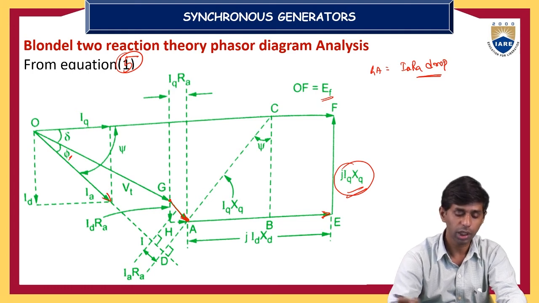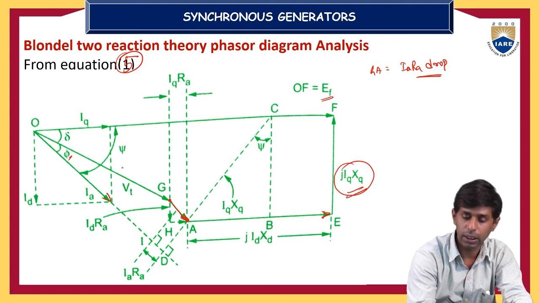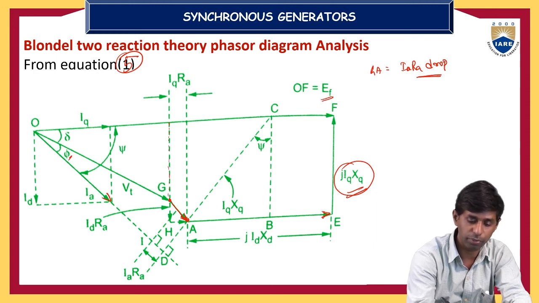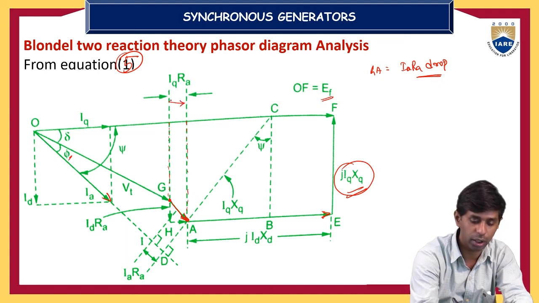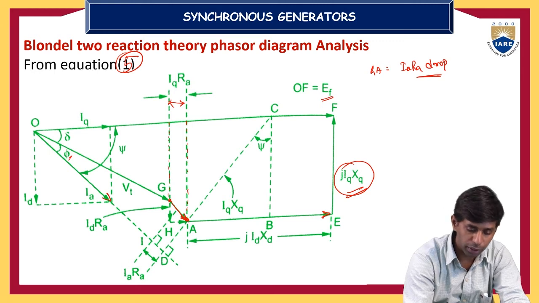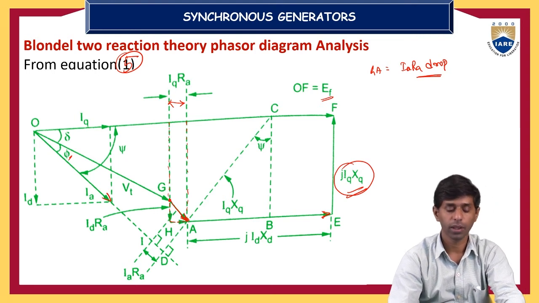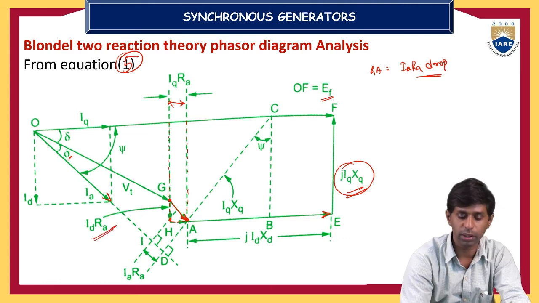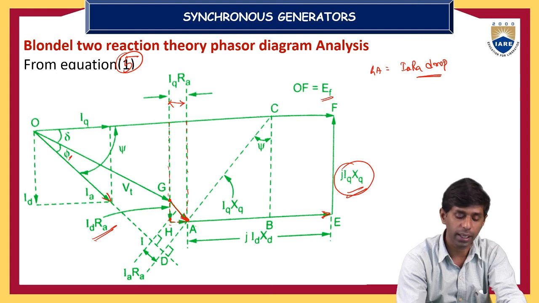Now, from this point G, draw a dotted line towards the OF, and similarly from A, draw a dotted line towards the OF. This represents the IARA drop. Similarly, from the point B, draw a dotted line towards the A. This part from here to here represents the drop due to the direct axis component, and G to H represents the drop due to winding resistance along with the direct axis.